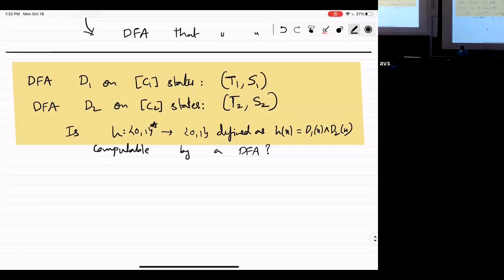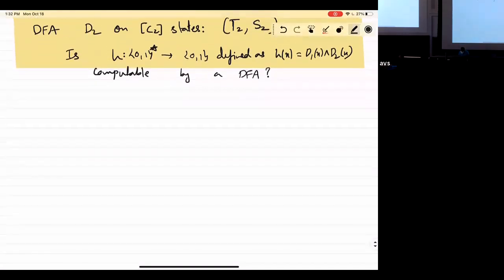Okay. So formally, the way we'll do it is the following. I'm going to define a new DFA where the number of states is C1 times C2.